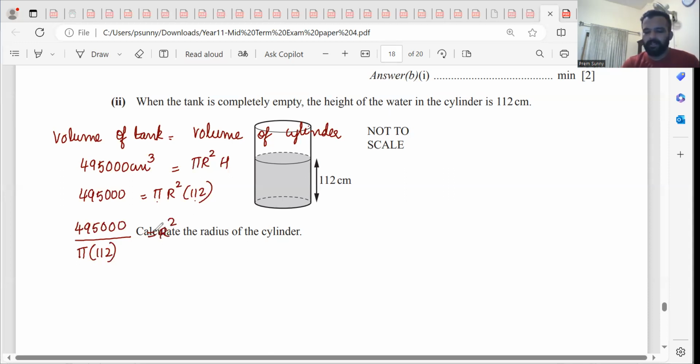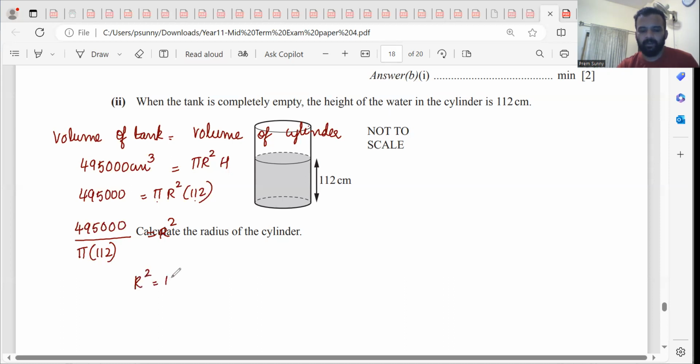So when we put this in calculator, 495,000 divided by pi and 112, we'll get the answer as 1406.8.